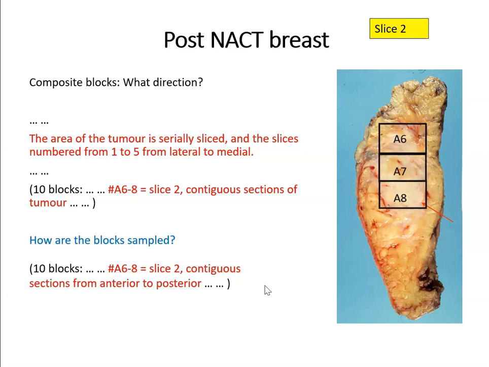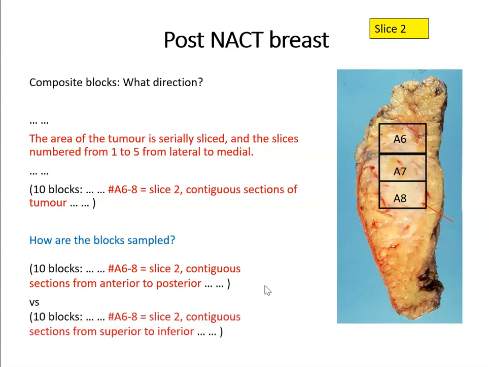Or are they taken in this direction? In which case they should be described as contiguous sections from superior to inferior. And you can see how the addition of this direction is immensely helpful for a person who has not seen the specimen to actually appreciate how the blocks are sampled.